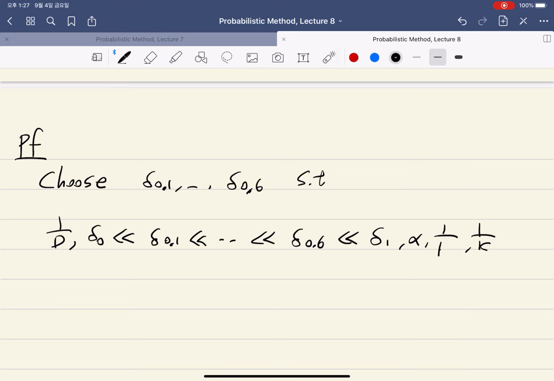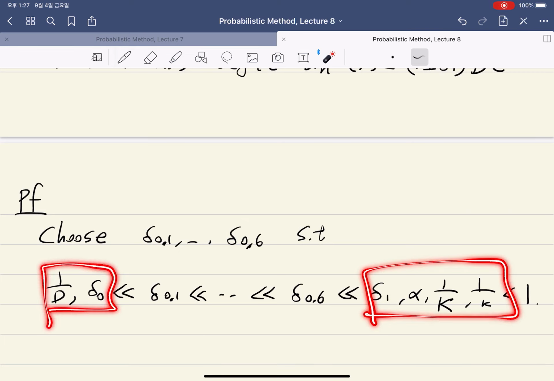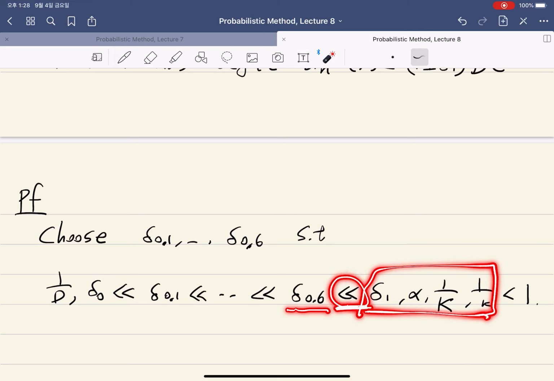This is capital K, this is small k. The statement is that for given this, we should be able to find this. So for given this, we choose a number which is much smaller than this but still positive. This relation is implicit, but if you look into the proof, you can specify exactly what relation we want. As long as this relation holds, we choose some positive number.